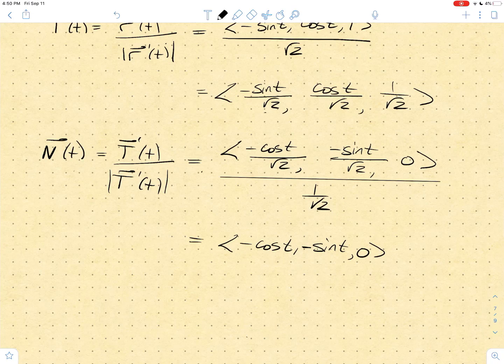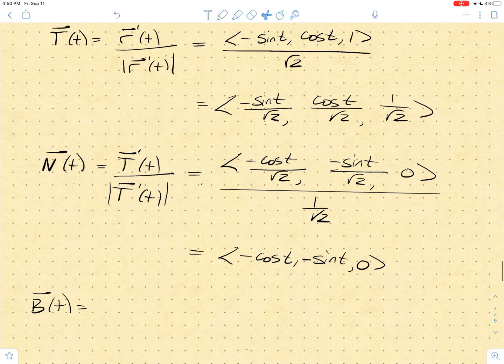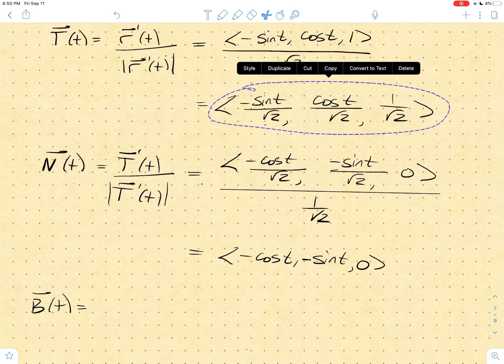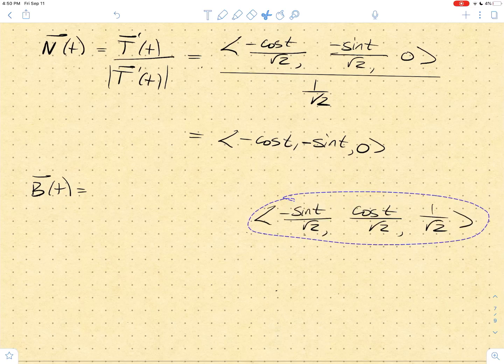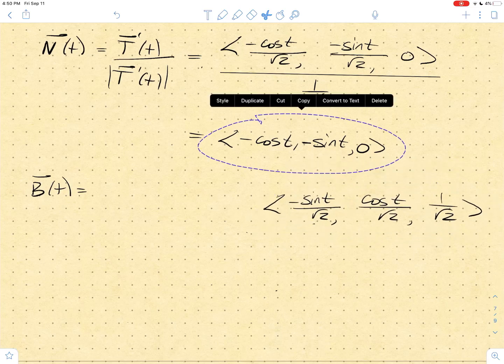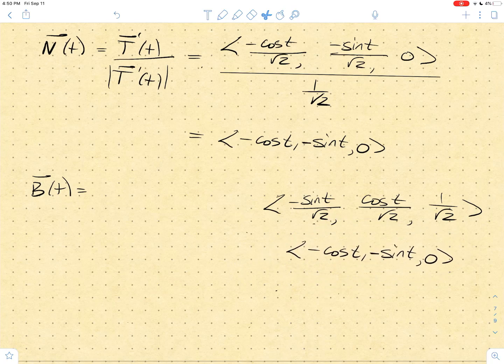All right, and then finally the binormal vector B of t, I want to take the cross product of this guy, so we'll copy this and put it down here, and then this guy. So we're looking for the unit tangent vector cross the normal vector, and let's see if we can work this out. We're going to hide the first column, and we're going to get minus sine t over root 2.